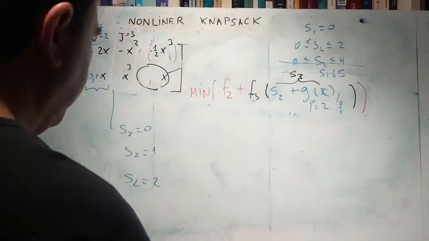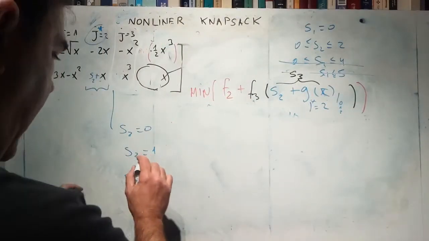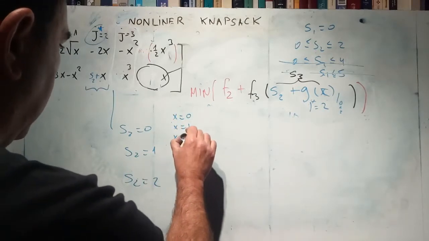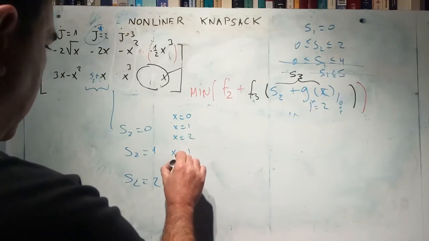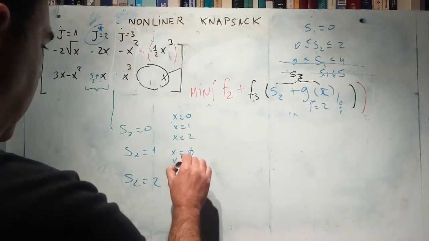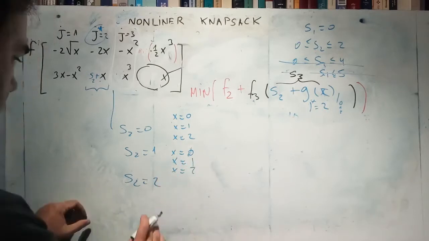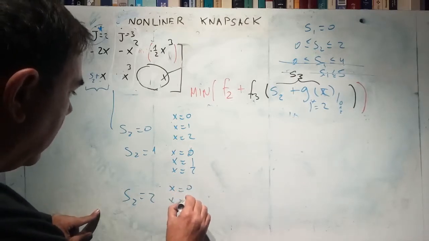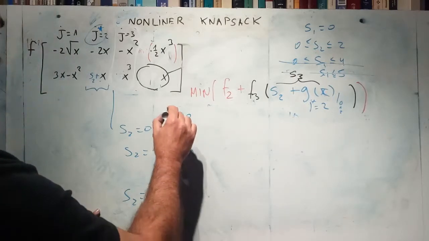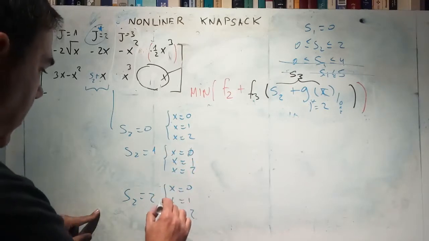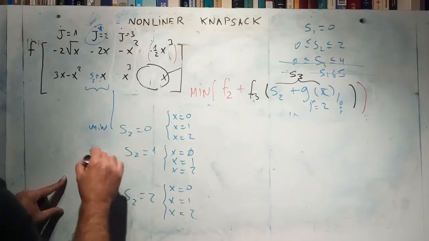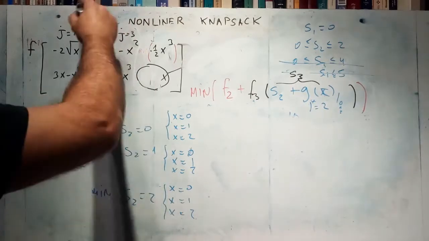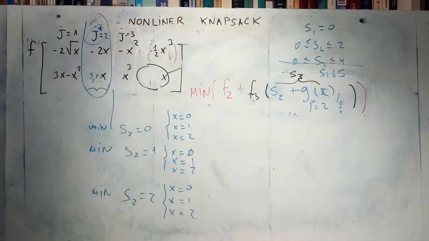For the values of x being 0, x being 1, and x being 2. Okay, and we try to find the minimum, and the minimum. So now substituting onto this column, remember, right?